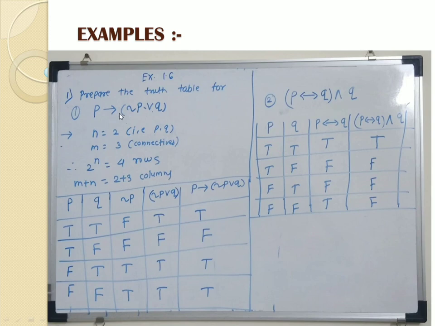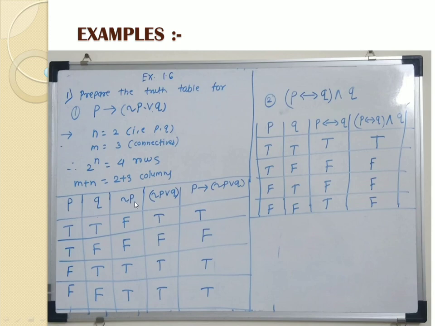So for preparing the truth table, first write P and Q. We know the values of P and Q. In the P column, 2 times T, 2 times F. In the Q column, T F T F alternate values. These values remain the same in every example.